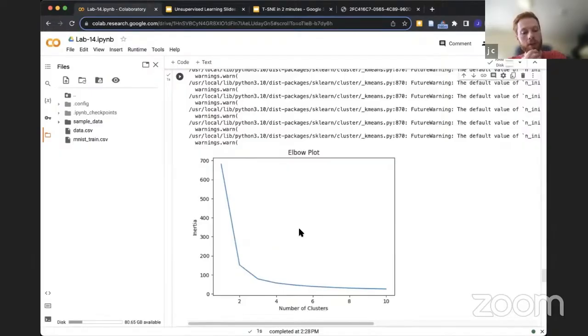If you look at this plot, where would you say is the elbow? 1, 2, 3, 4, 5, 6, or 7. Like, where's our elbow?